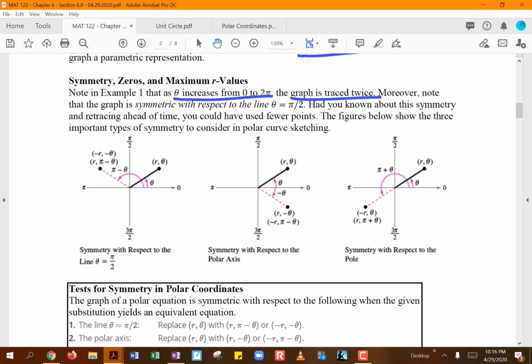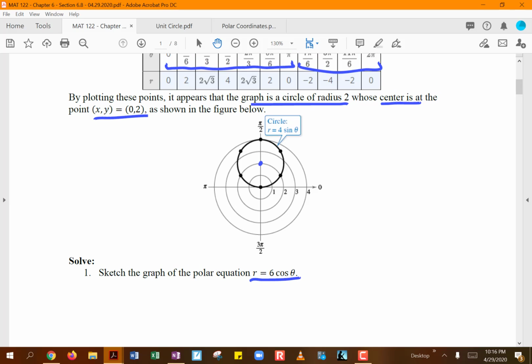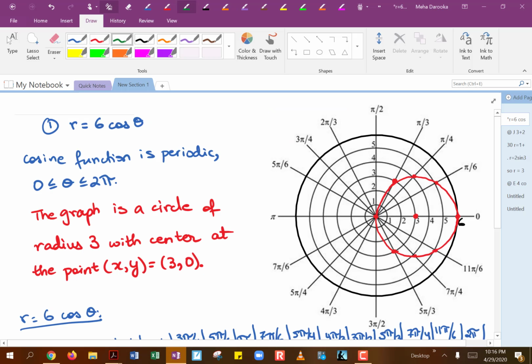They're saying, moreover, make a note of the symmetry with respect to the line pi over 2. If we fold our graph along this line, the two halves of our graph will coincide. You should notice that in this function we also have symmetry, but it is not with respect to the line pi over 2.